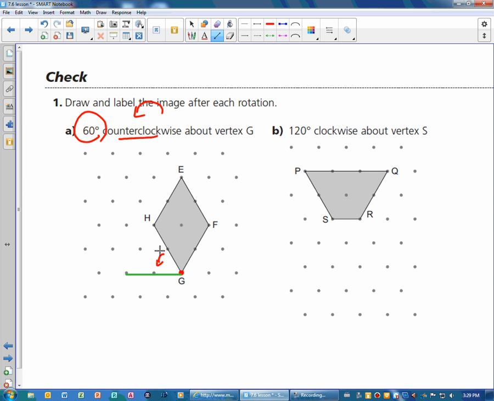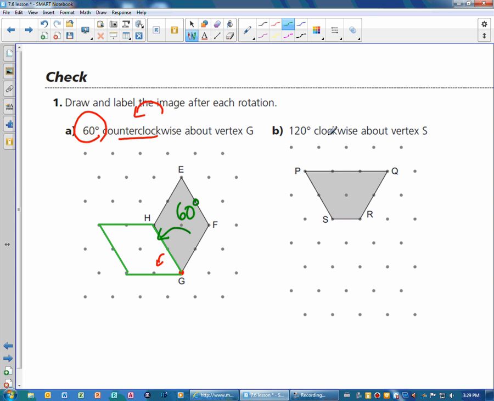This line went 60 degrees. This line 1, 2. It goes this way 60 degrees, so it ends up on top of GH. And then finish up 1, 2, 1, 2. Okay, so hopefully now you can visualize that this shape has gone this way 60 degrees.